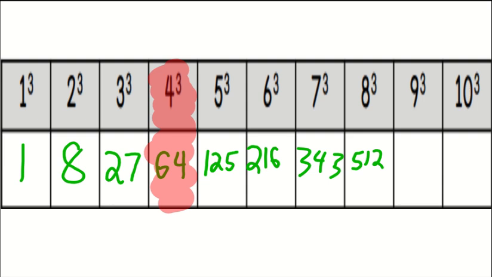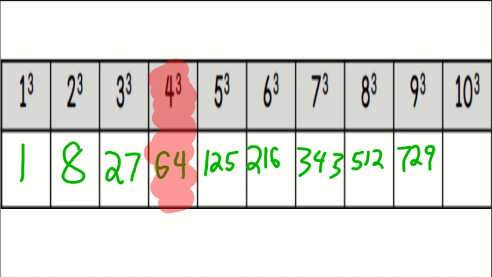Nine to the third power. 729 is correct. Nine times 9 is 81. 81 times 9 gives you 729.